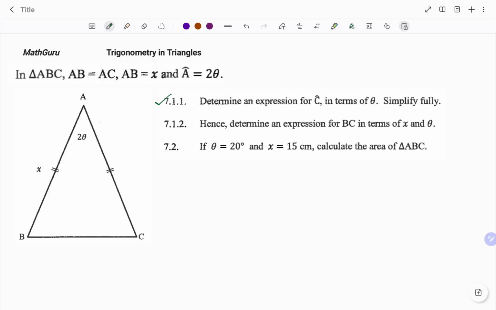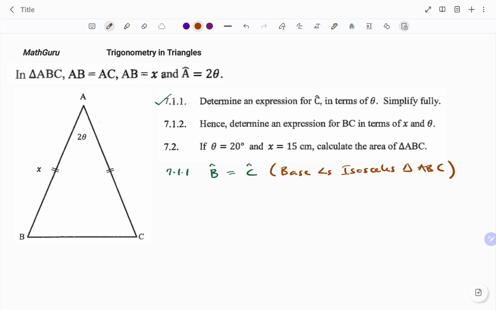So therefore, we can say that, solving this question 7.1.1, the angle B is equal to the angle C, and the reason being base angles of isosceles triangle ABC.